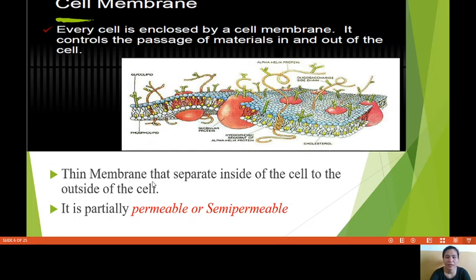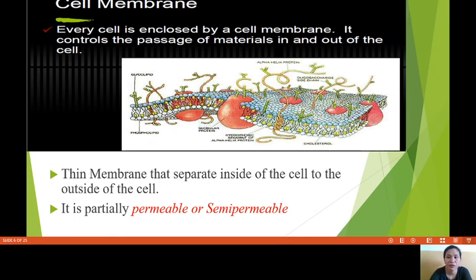It is a thin membrane that separates the inside of the cell from the outside of the cell. It is partially permeable or semi-permeable. Alright, so your cell membrane is like a wall. It serves as protection for your cell.